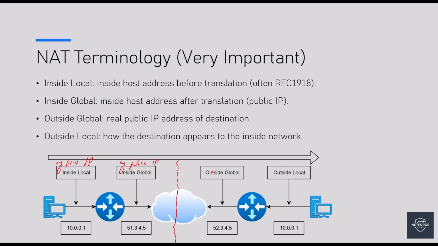Outside global is your destination, so that is going to be your destination IP address. These three are important. Outside local, maybe you're not going to care about that a lot, but these three are the most important and useful things that you need to know. What you are going to add is your inside local IP address is going to be translated into inside global. Your outside global is your destination, actually.